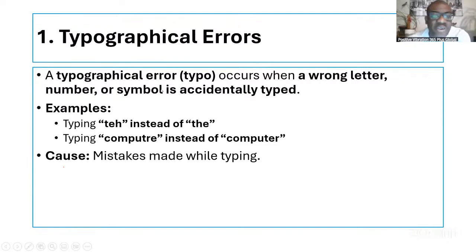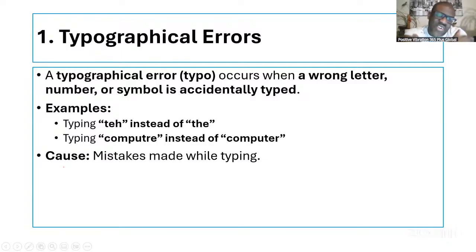A typographical error is what we call a typo. You type and you press one extra key or one less key, something like that. This occurs when a wrong letter, number, or symbol is accidentally typed. Here are some examples. I am trying to write THE, but I wrote TEH. That's a very common one.